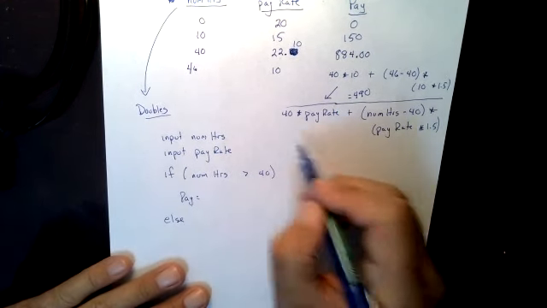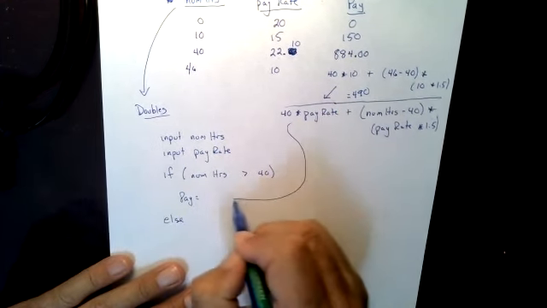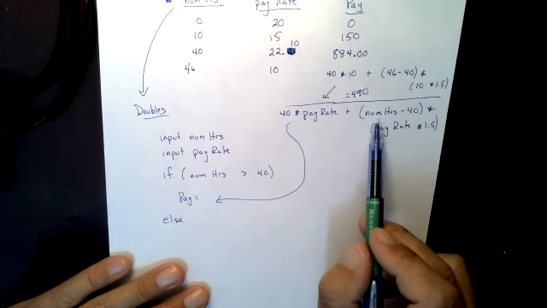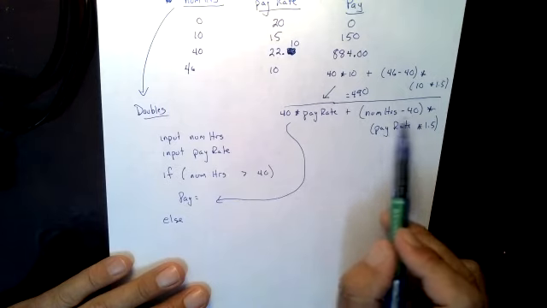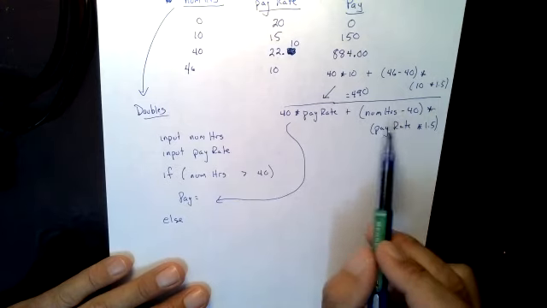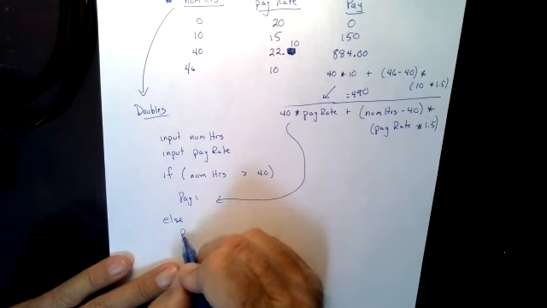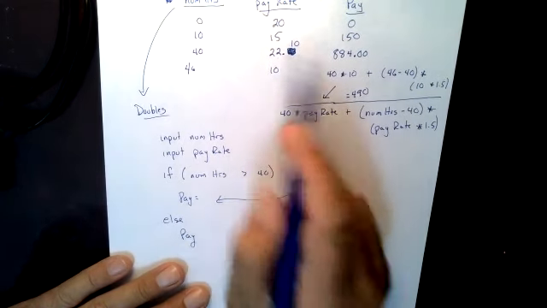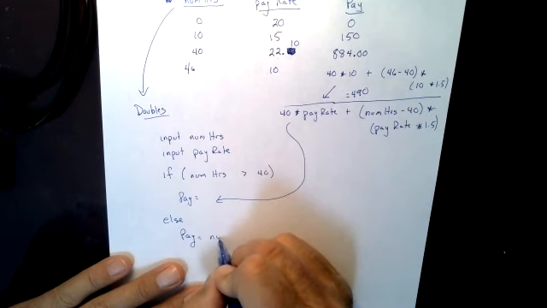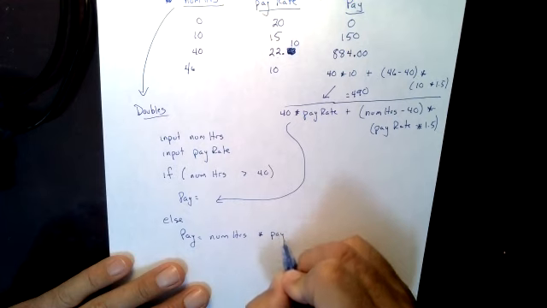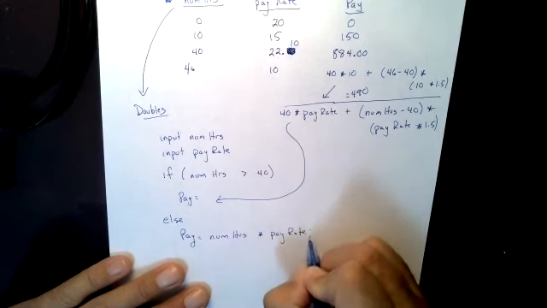Well, it's going to be this statement. If it's greater than 40, it's going to be 40 times pay rate plus num hours minus 40, which gives me those extra 6, times my rate times 1.5. Otherwise, else, pay equals num hours times pay rate.